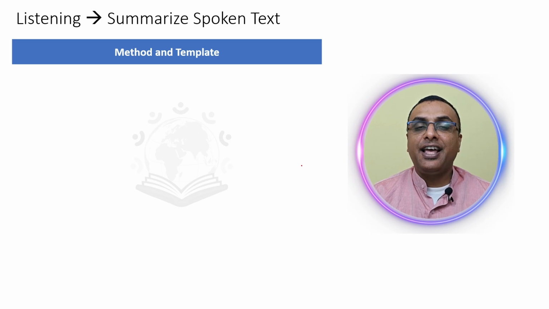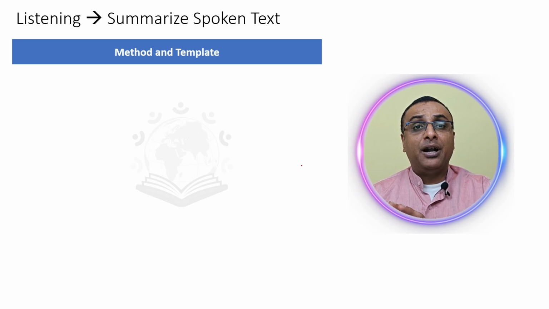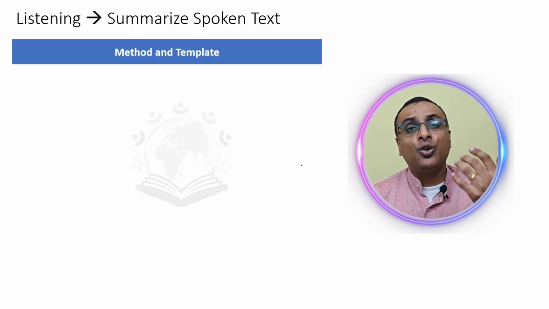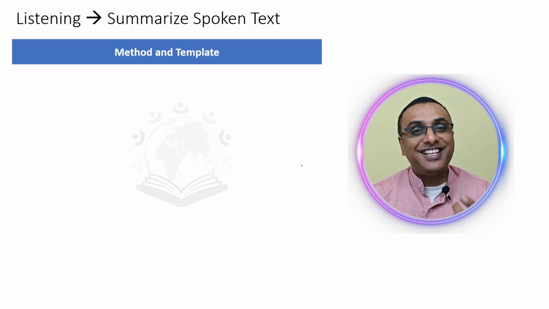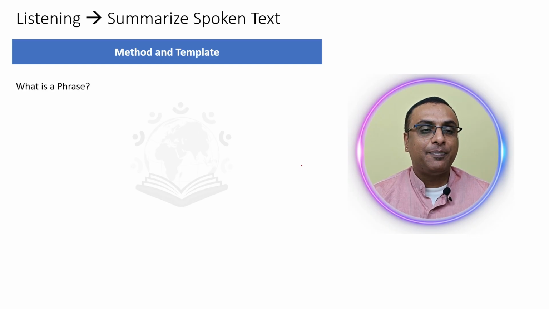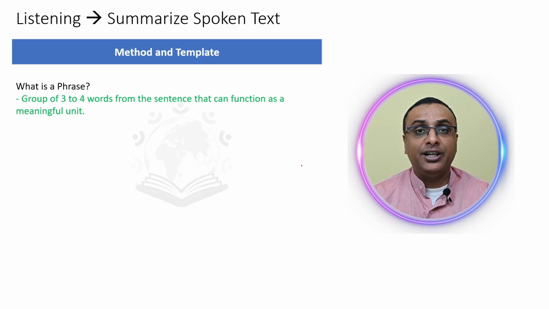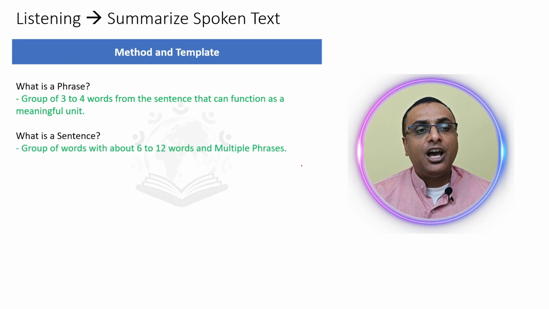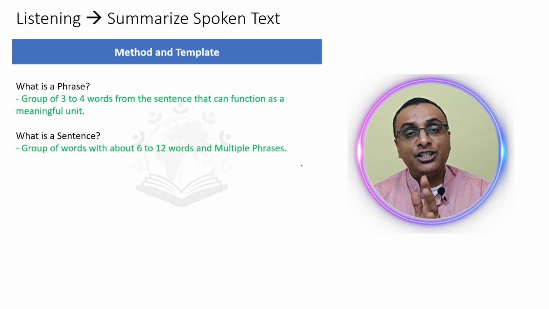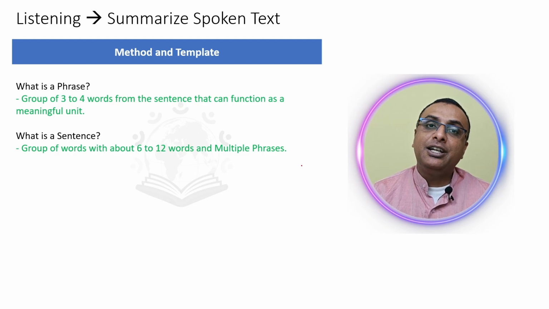Moving ahead, let's understand the method and the template. But first, I mentioned that you need to write down phrases to capture a good amount of content. Let's understand what a phrase is first. It means a group of 3 to 4 words from the sentence that can function as a meaningful unit. This is the definition of a phrase. Coming to a sentence, it is a group of about 6 to 12 words with multiple phrases.